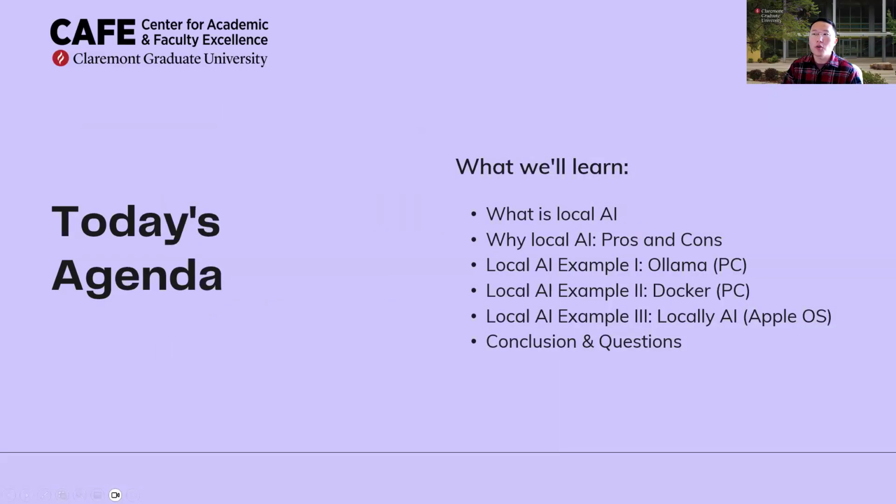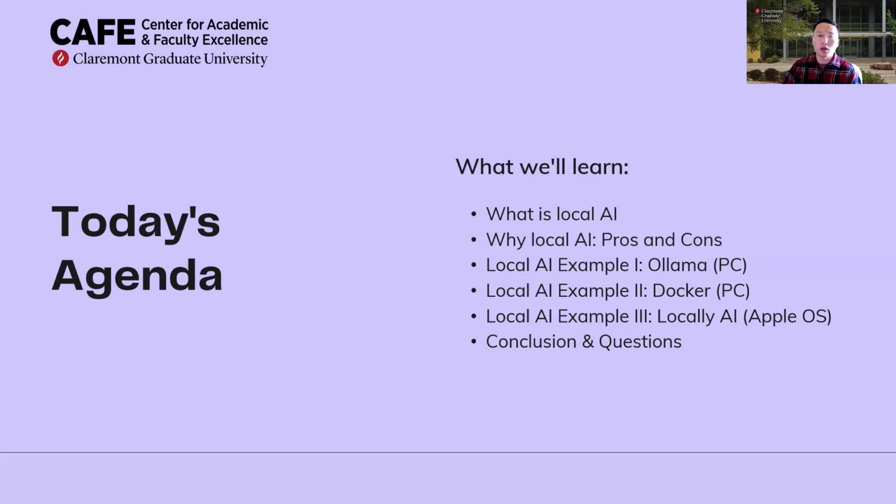Here is a quick overview of what we'll go through today. First of all, I want to talk about what is local AI, the definition, since I don't know how many of you are familiar with it. This is kind of a new concept to me as well. So we're going through the definition and using an example.